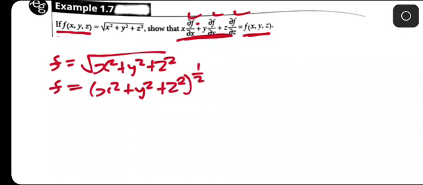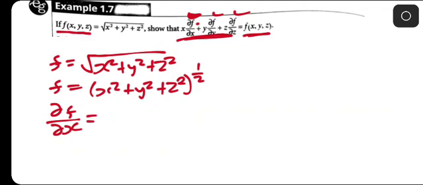So we have this now. I can take the first partial derivative, the partial derivative of f like this with respect to x.